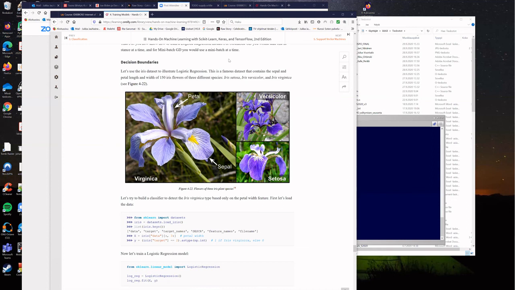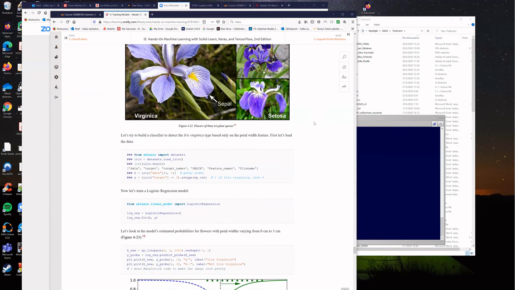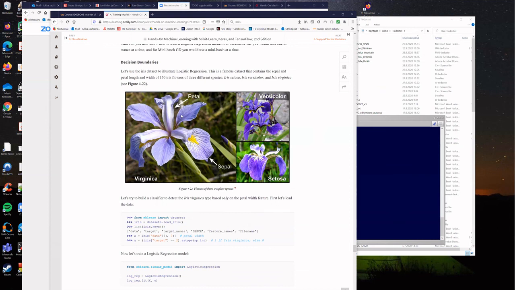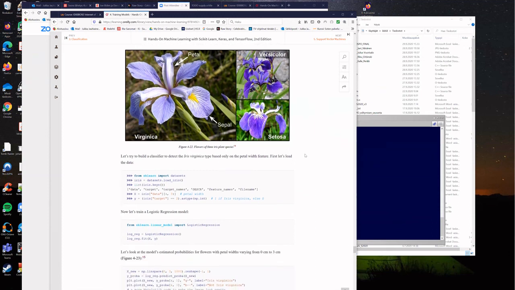This dataset contains images of 150 iris flowers of 3 different species. The petals are different for each of these iris species. And the goal is to try to identify this one separate from these two others. So the question is, for a specific flower, is it iris virginica or not?